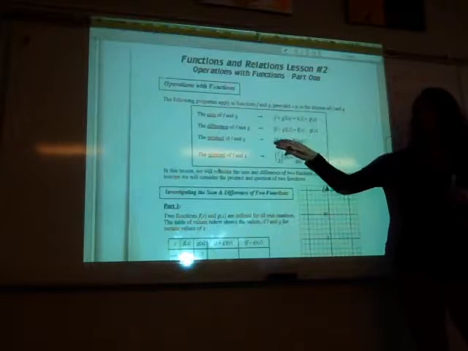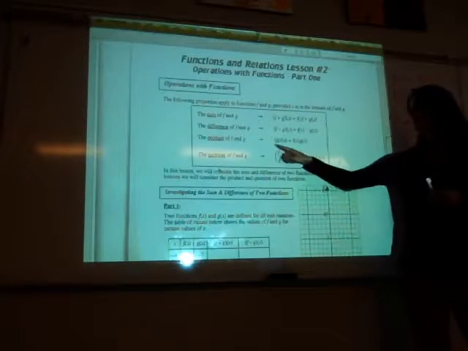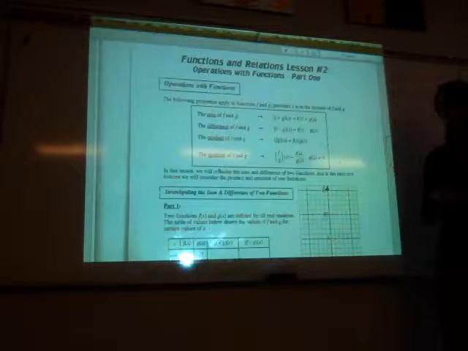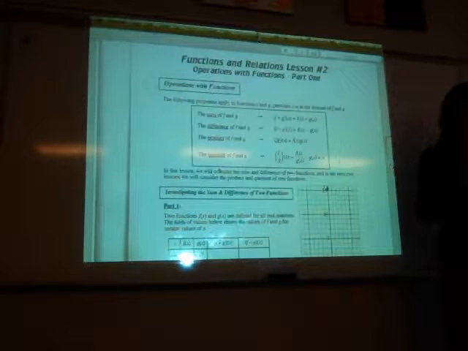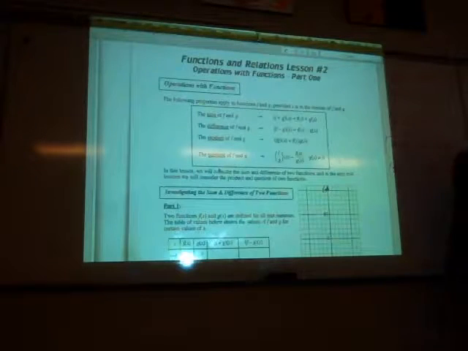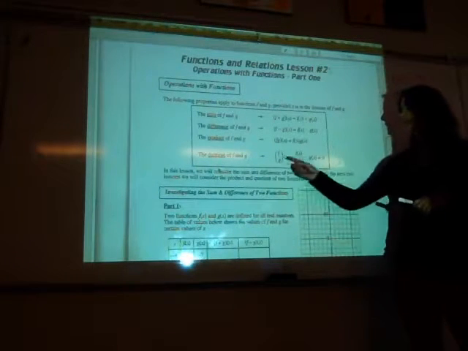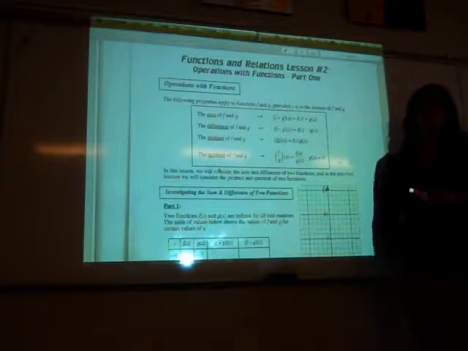Okay, we won't get into the product and quotient today, but we will be next lesson. So fg of x is the same as f of x times g of x. You're multiplying the 2 functions. So rather than adding like we did here, you would take this and multiply it by that. Okay, and the quotient f divided by g of x is the same as f of x divided by g of x.